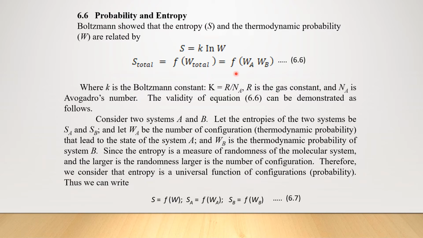So that is a function of WA into WB, that means thermodynamic probability of state A into thermodynamic probability of state B. In this equation, k is the Boltzmann constant, and k is equal to R divided by Na, where R is the gas constant and Na is Avogadro's number.